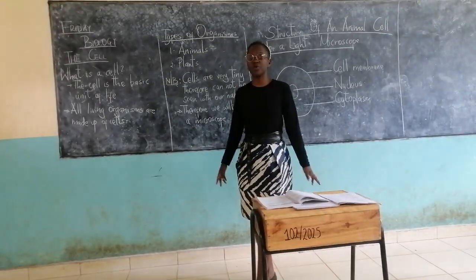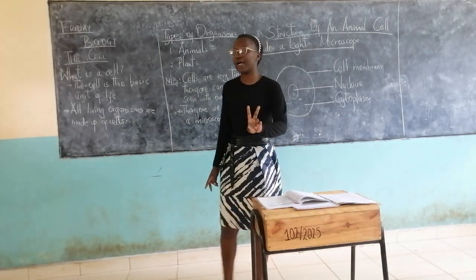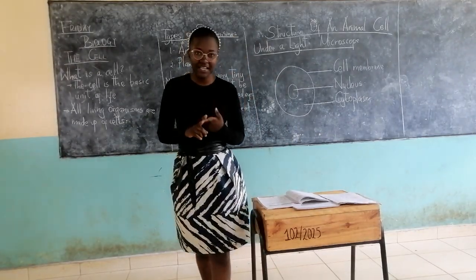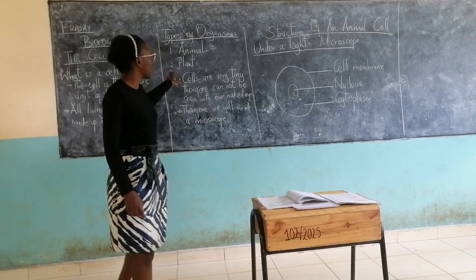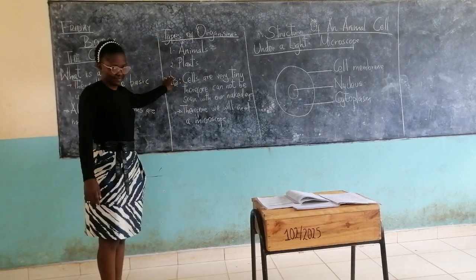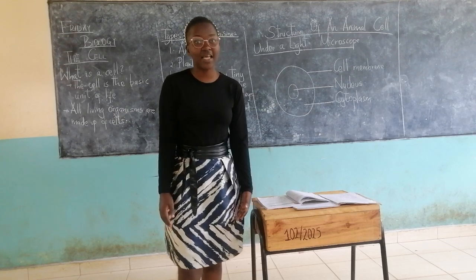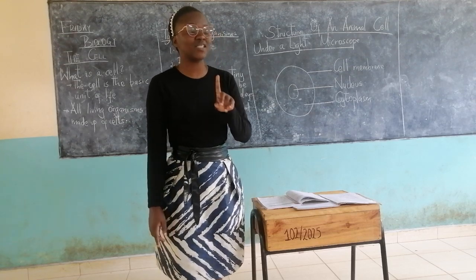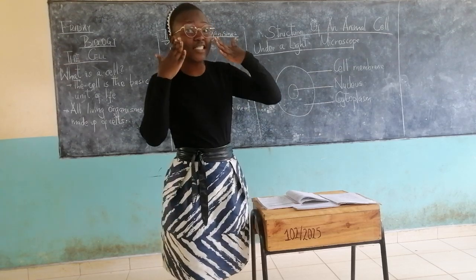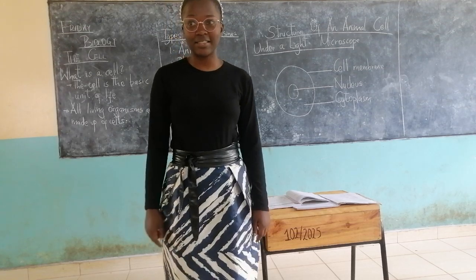Now, in our topic, we are going to focus on two living organisms: a plant cell and an animal cell. Animals, we've agreed, are made up of cells. But one thing I want you to note is that I cannot see cells with my naked eyes.